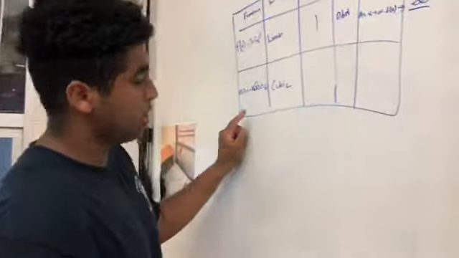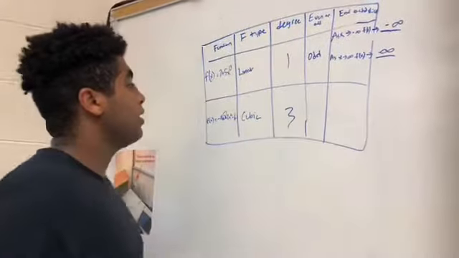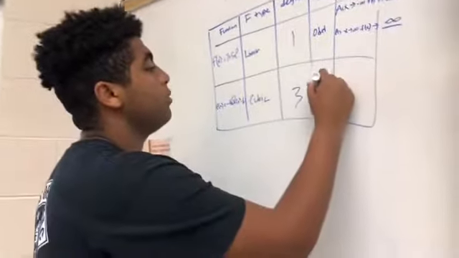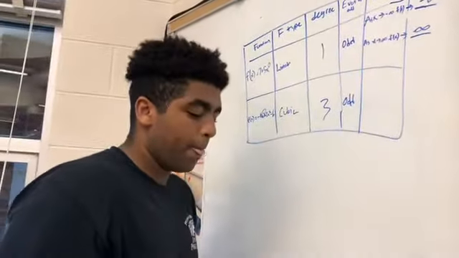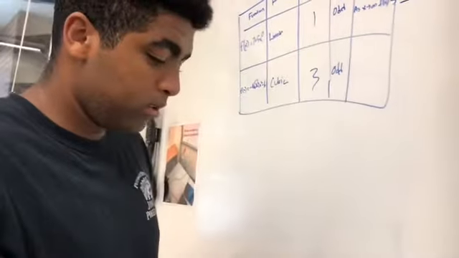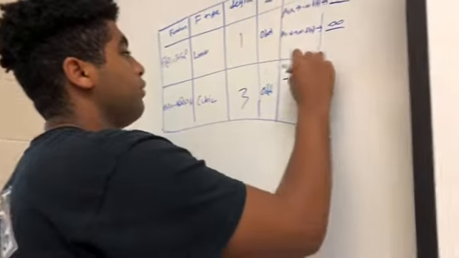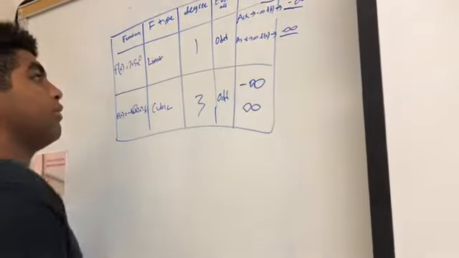And so in this case it would be 3, and that would be the same number as our degree because it's being above the x. And if it's even or odd degree, it would be odd because the number of the degree is an odd number. And so end behavior, when it's going to the left, it would be negative infinity, and when it's going to the right, it would be positive infinity.